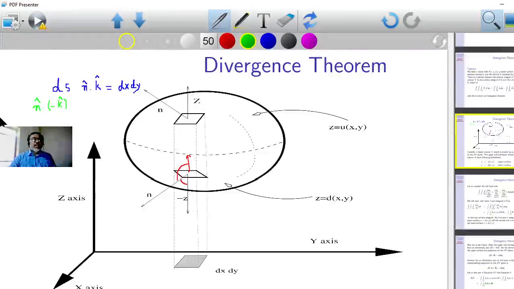Or in other words, if you multiply dS with n dot minus k, then you will obtain dx dy in the case when we are taking the differential surface element in the lower half. So this will be very useful when we prove the divergence theorem.